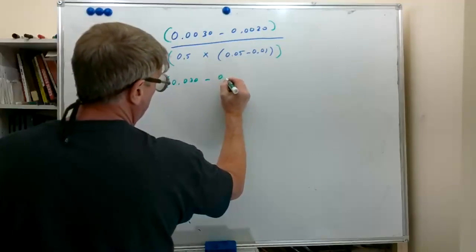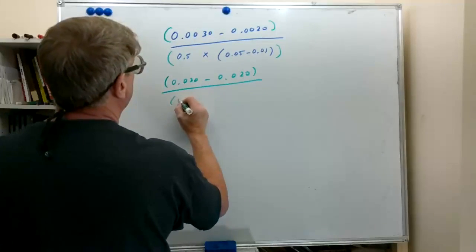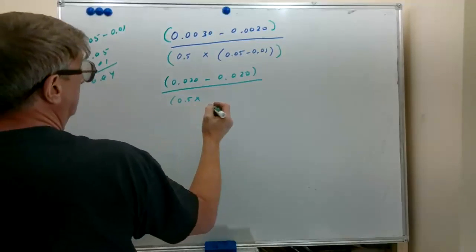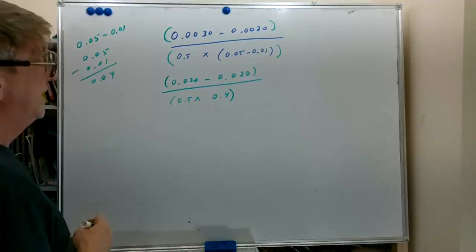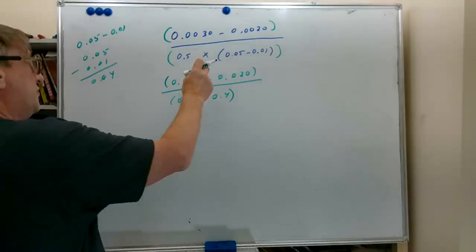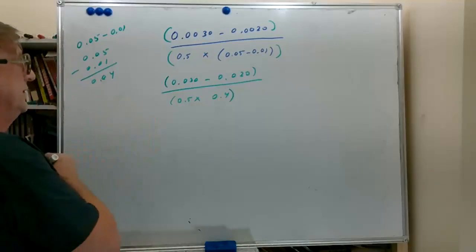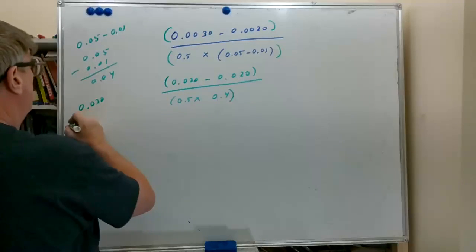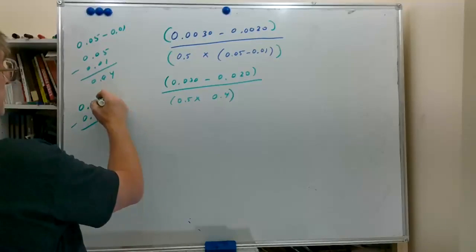0.030 minus 0.020. Put the fraction bar, 0.5 times, which is actually 0.4. And now it really doesn't matter. Parentheses separate things out, so we can do this parentheses first or that parentheses first. Let's just do both of them in one step. So we're going to go 0.030 minus 0.020. 3 minus 2 is 1.